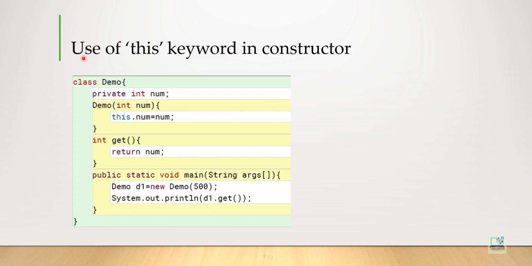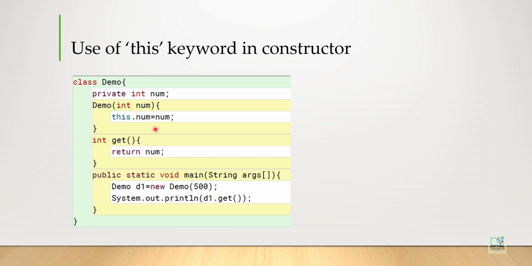Now let's discuss the use of this keyword in a constructor. I have already explained this keyword, but not in a constructor, in a normal method. Just like in a normal method, we can use this keyword in a constructor. We should use this keyword when we have any parameter name or any local variable name which is the same as the instance variable name.